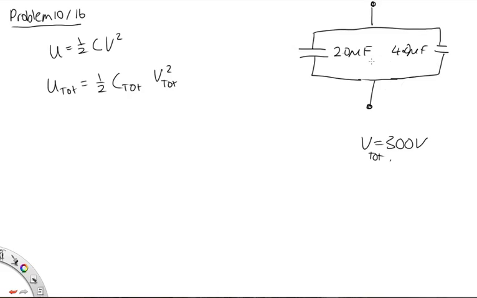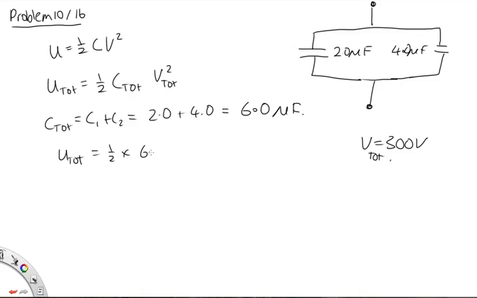Now as these are in parallel, we have the total capacitance is equal to C1 plus C2, which is 2.0 plus 4.0, 6.0 microfarads. So just substituting everything in here, the total stored energy is a half times 6.0 times 10 to the minus 6 times 300 squared. And solving that on the calculator, we end up with 0.27 joules. So that's the answer, and that's the end of this set.